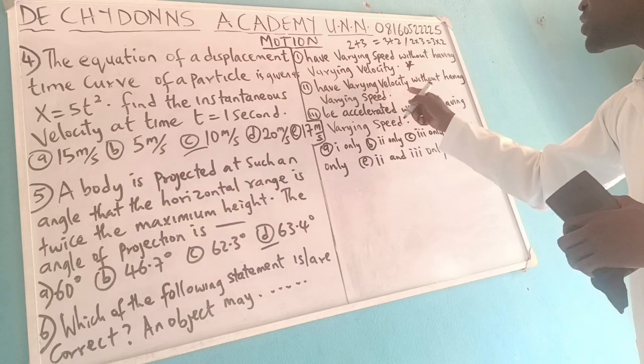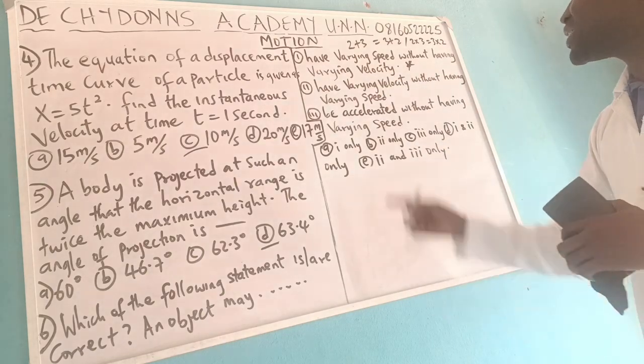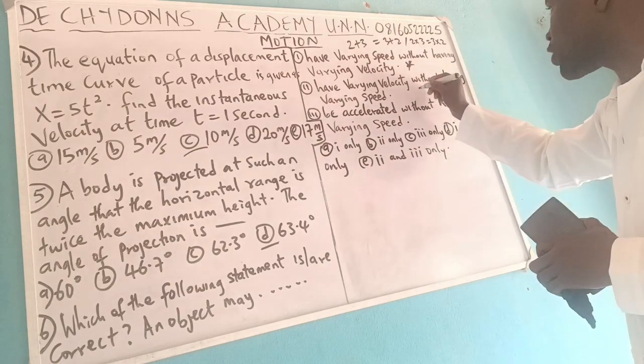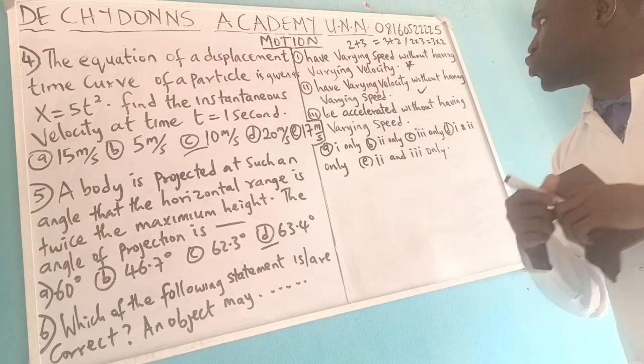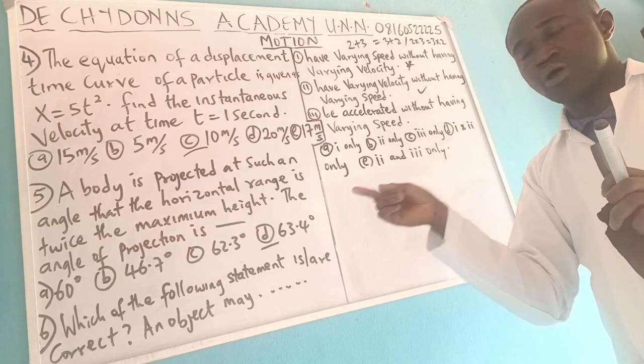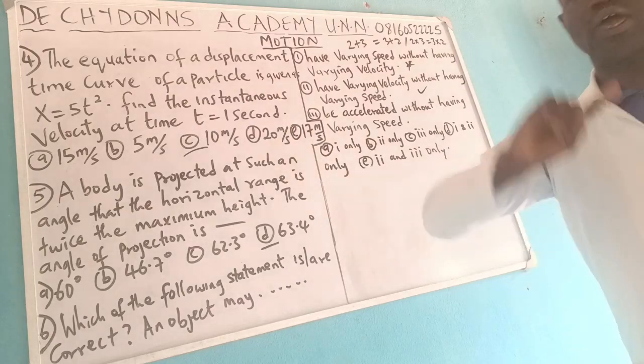Have varying velocity, correct? Without having varying speed. Yes, it has varying velocity without having varying speed. Speed is always constant. This is correct. Now, once you have velocity, we have acceleration. So once velocity is a vector, acceleration is also a vector.